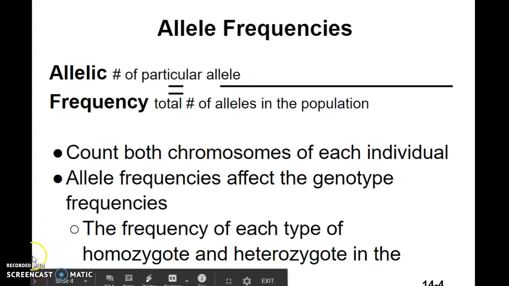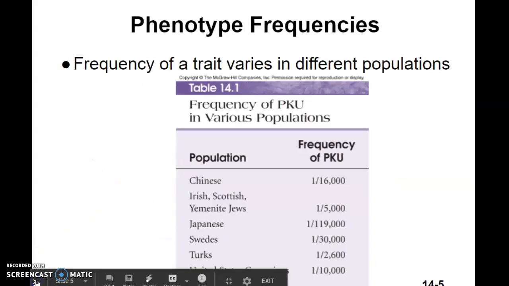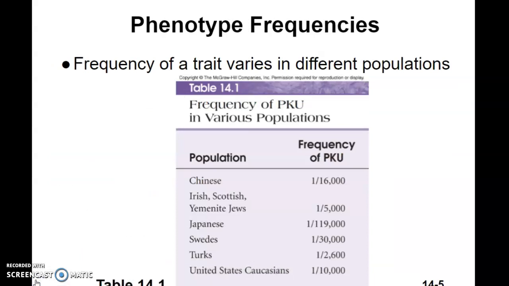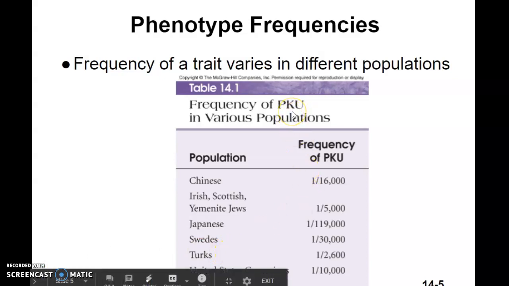All right. We're not going to calculate any allele frequencies, so I'm going to skip that. But phenotype frequencies can be different in different populations. If we're looking at various disorders like PKU, this is the inability to break down the amino acid phenylalanine.